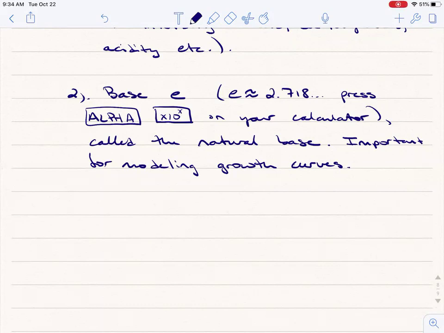Like in stats, for example, we only work in base e. And so the natural logarithm, which we'll talk about, but also the natural exponent. But anyways, sounds like you guys are more base 10 folk. So here we go.